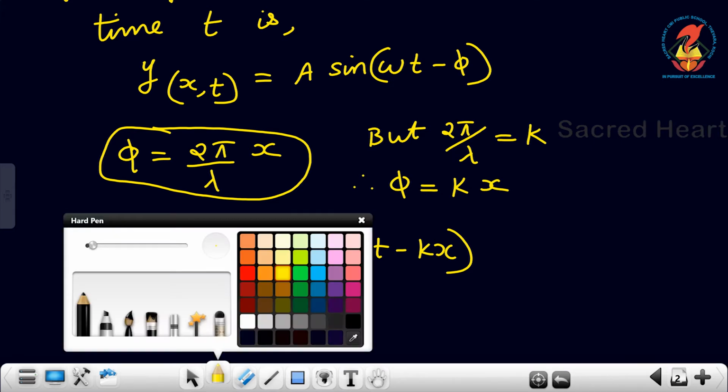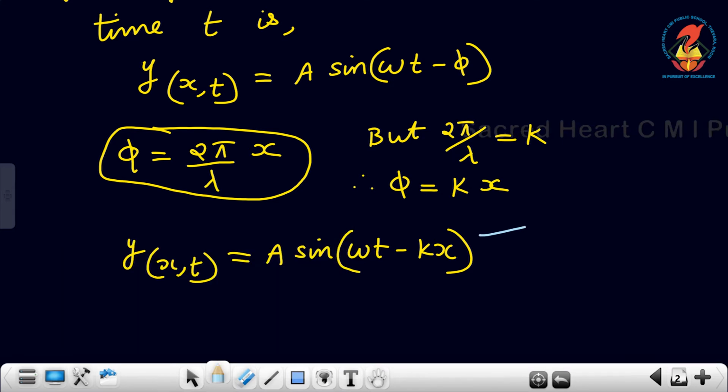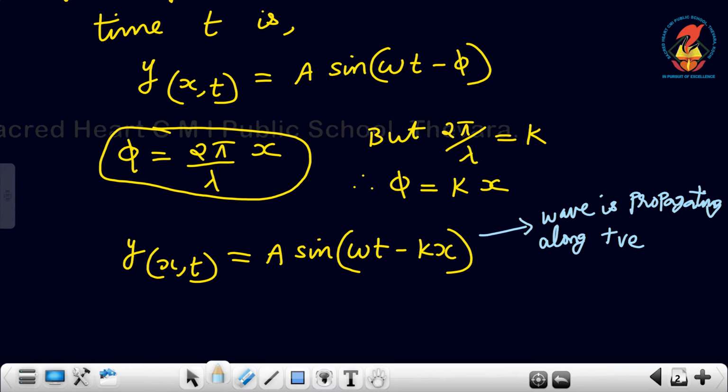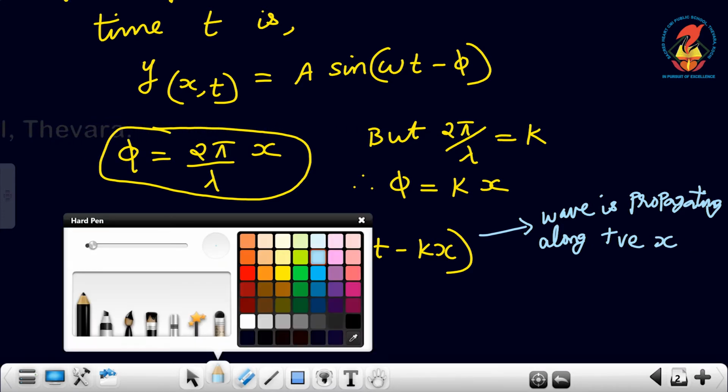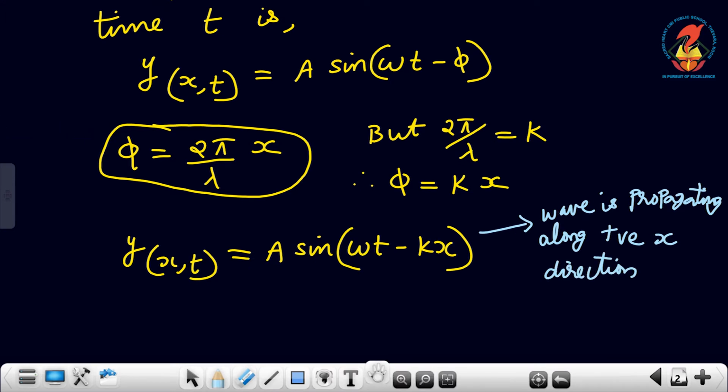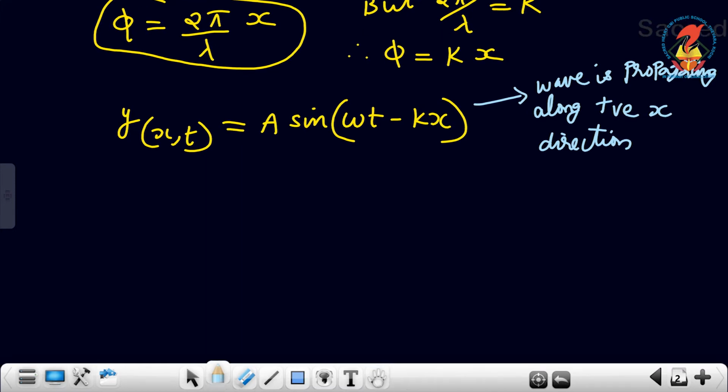So, I will write here. Now, if the wave is propagating in the negative x direction, then what will be the equation?